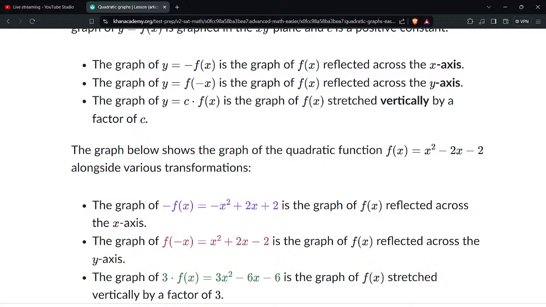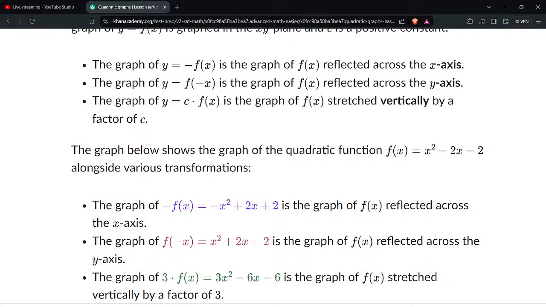Okay, there you go. And we have reflection. For the reflection across the x-axis, what do we need to do? We need to transform the graph f(x) as minus f(x). The negative sign is outside the bracket, alongside f, not alongside x. So wait, I just remembered this.